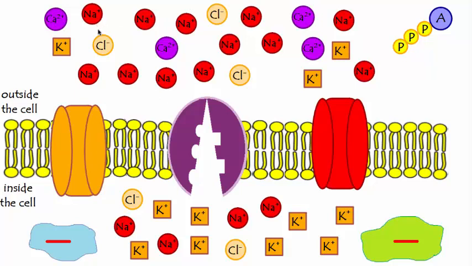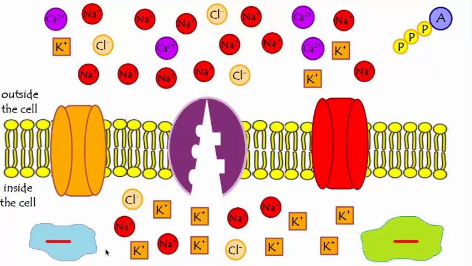Outside the cell, in the extracellular space, we have a very high concentration of positive ions, such as Na+, Ca2+, K+, but mainly Na+ ions, and a small amount of negative ions, such as chloride ions. On the contrary, inside the cell, in the intracellular space, we see a lower concentration of positive ions and a high concentration of negative charge.